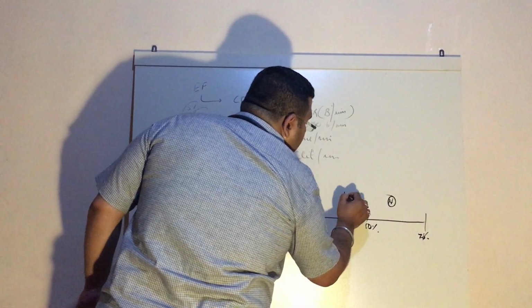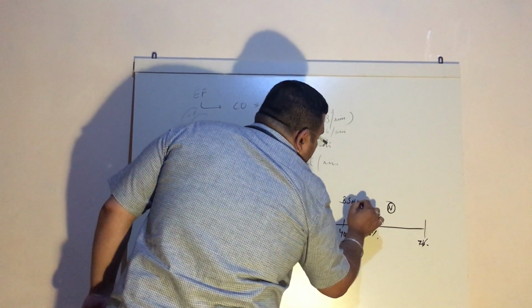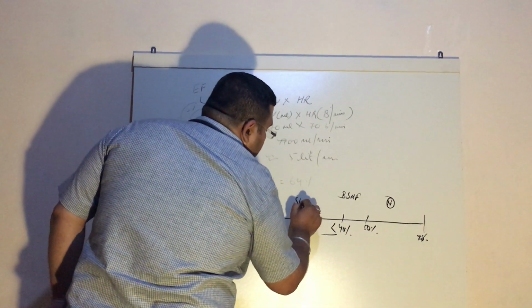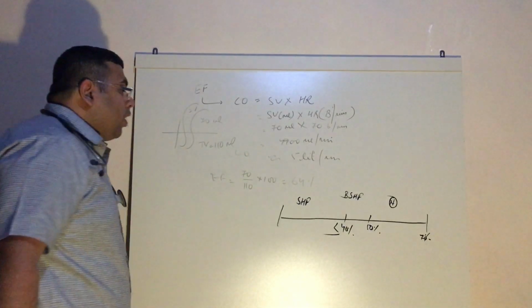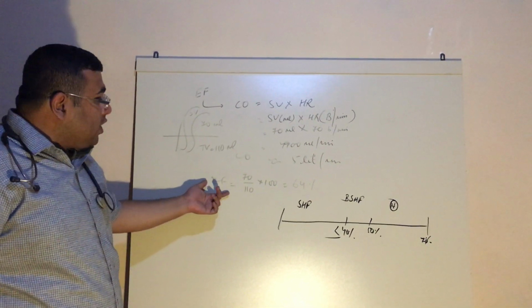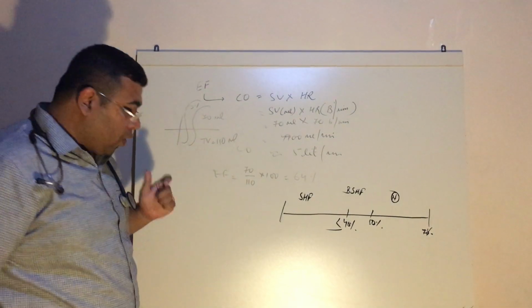From 40 to 50%, this is basically a borderline systolic heart failure, and less than 40% is systolic heart failure. Okay guys, most of the time ejection fraction helps us to diagnose systolic heart failure.